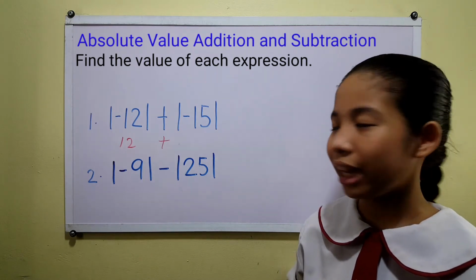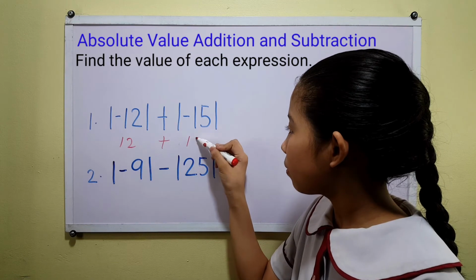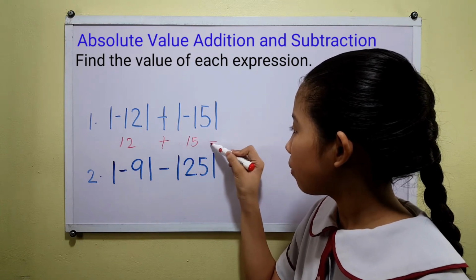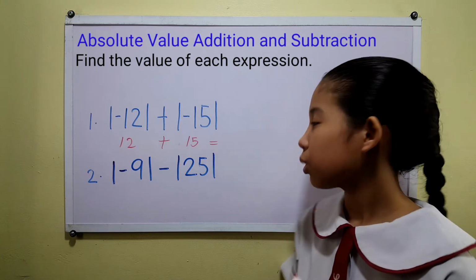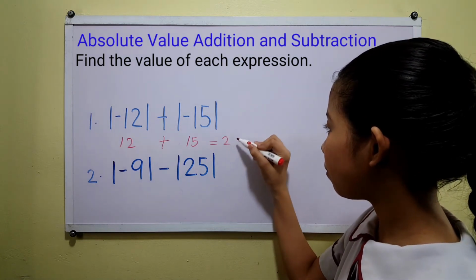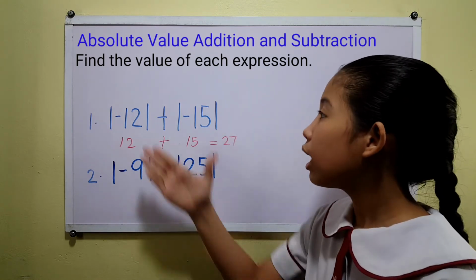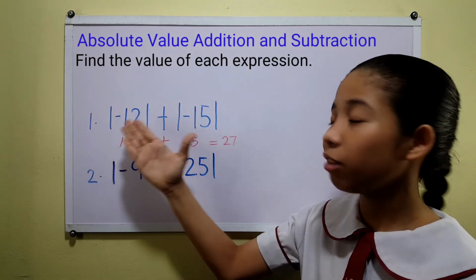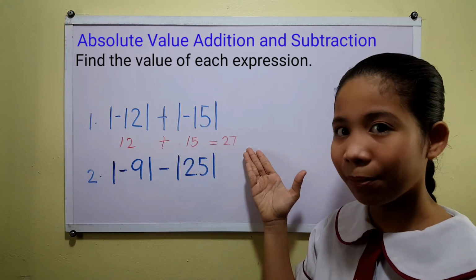And the absolute value of negative 15 is 15. So 12 plus 15 is equal to 27.